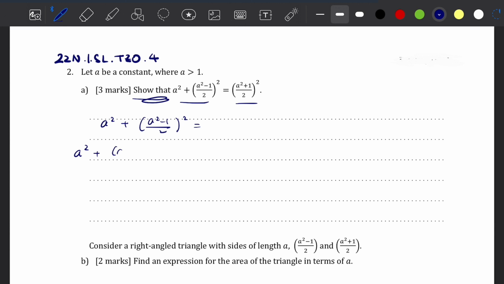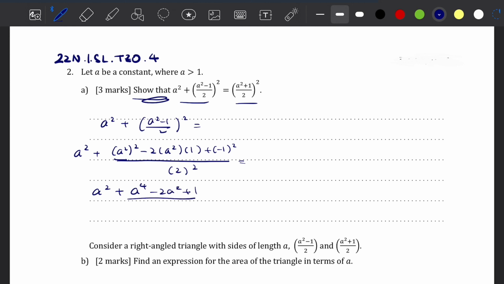So we get this, then we can say a squared plus (a to the power of 4 minus 2a squared plus 1) over 4. Then we're going to add these two terms together by multiplying 4 over 4 to the first term.